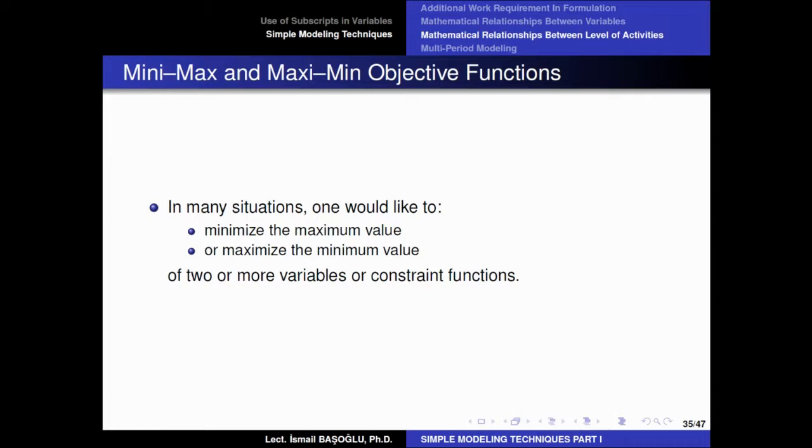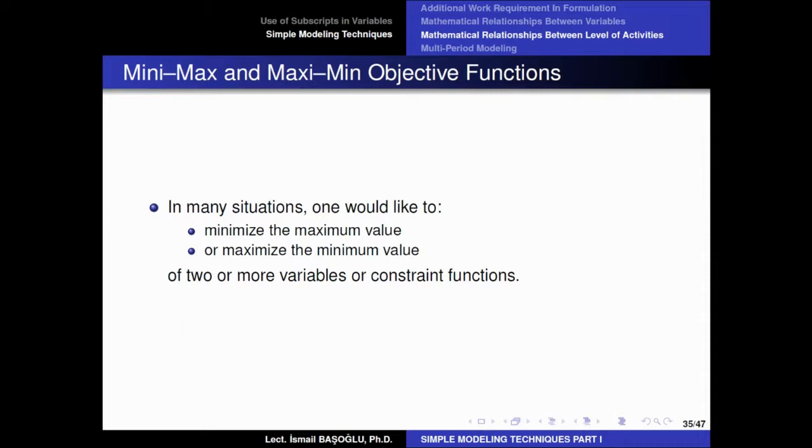So we do not know for which activity we are going to spare the minimum amount of time. However, we are interested in putting a boundary here so we can maximize the minimum of different values or minimize the maximum of different values.